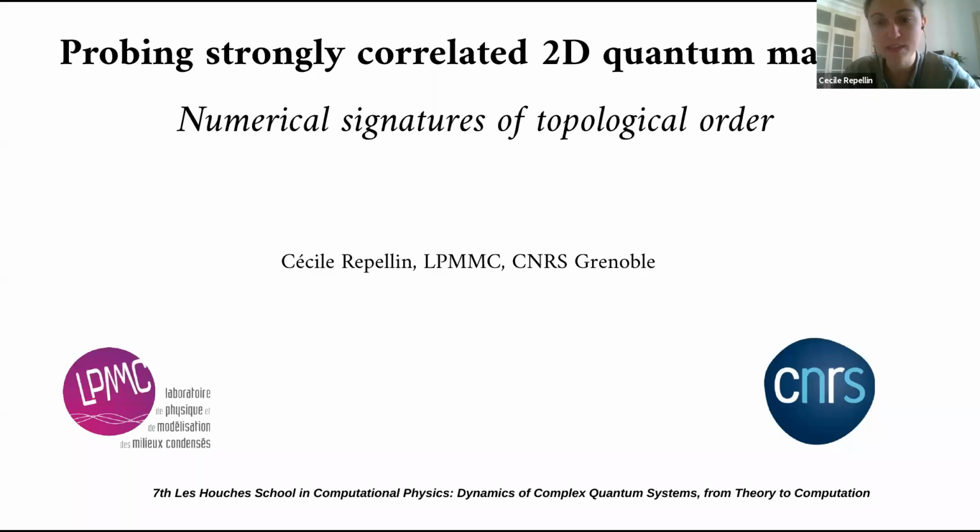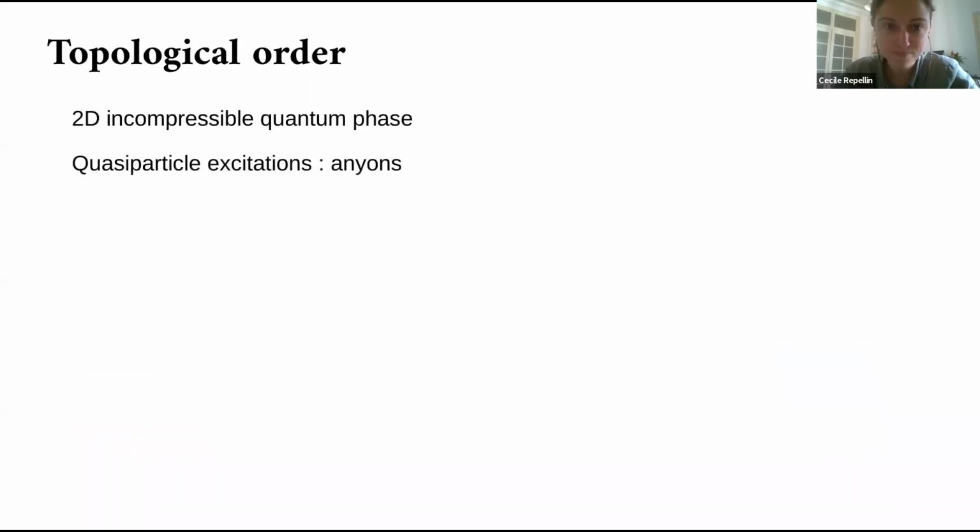It's not so much centered on algorithms and how to technically do these things, but more, once you've understood how these tools work, how can you extract some physics from it? How can you read finite size data and extract some universal signature from that?